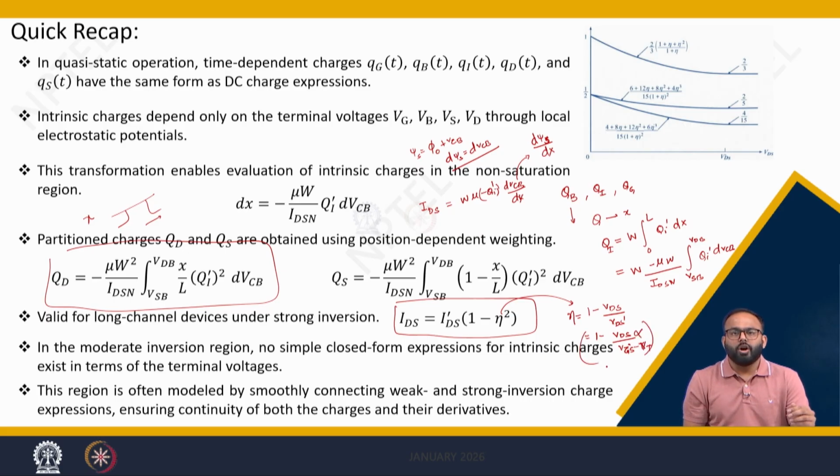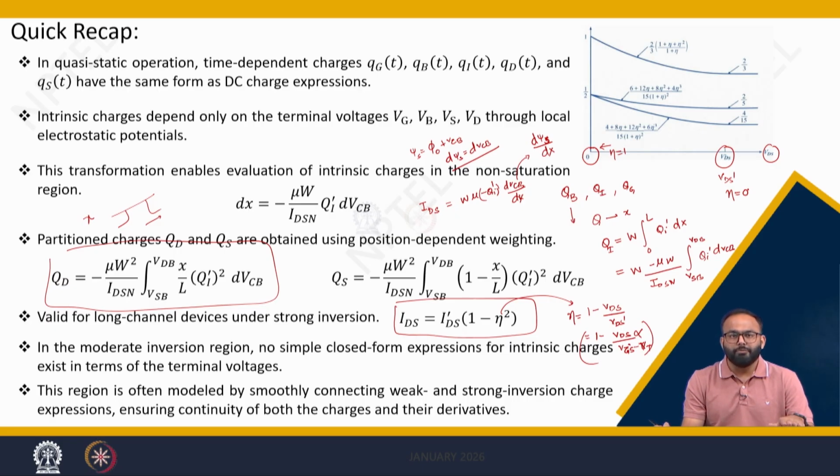So in general, we got a closed form equation for inversion charge, bulk charge, QD, QS and QG, and we plotted those charges with respect to VDS for two cases: one when VDS is equal to 0 and one when VDS is equal to VDS dash. In the first case eta is equal to 1, and in the second case eta will be equal to 0.